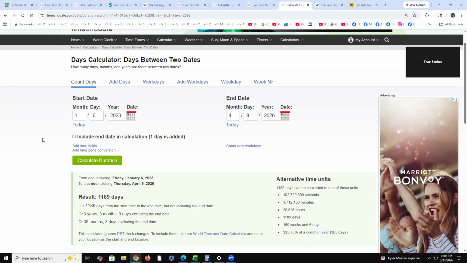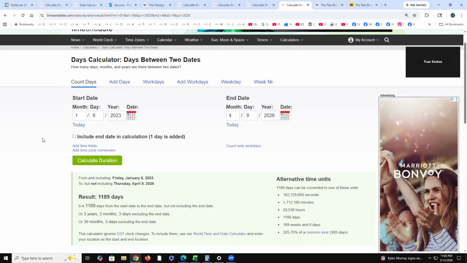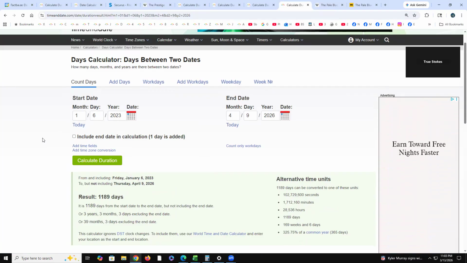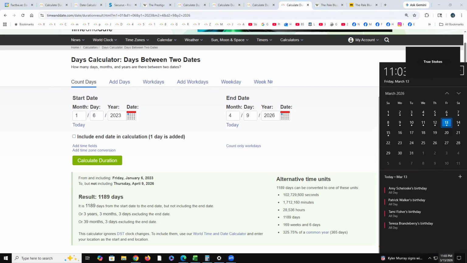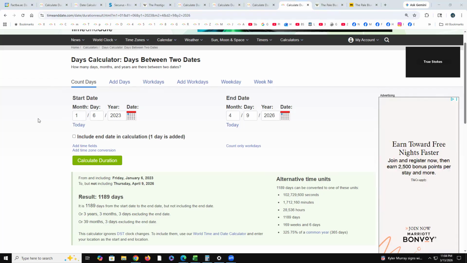Y'all, 1189 is Donald J. Trump in the Jewish Hebrew gematria, the most biblical. There it is, 1189 days from the pale blue eye with Christian Bale, the Dark Knight. That's basically impossible.